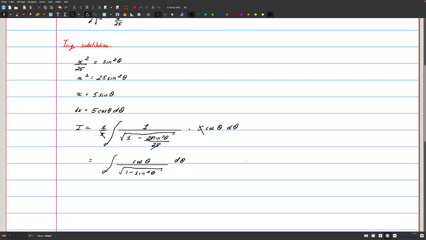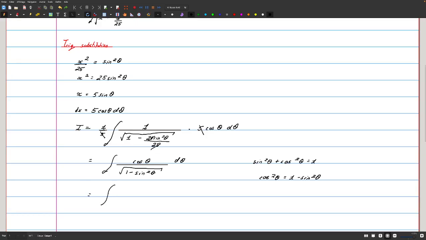Now we have the property that sine squared theta plus cosine squared theta is equal to 1, and that cosine squared of theta is equal to 1 minus sine squared of theta. So this is the same thing that we have under our root here. And that's the whole point of the trigonometric substitution, to replace it with something that's very easy to take the root of.